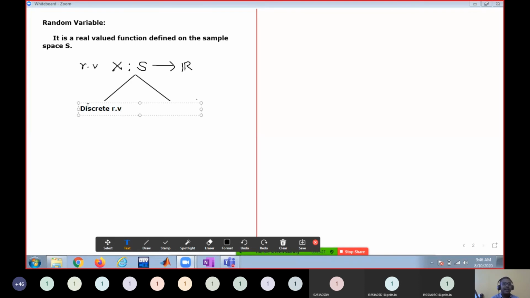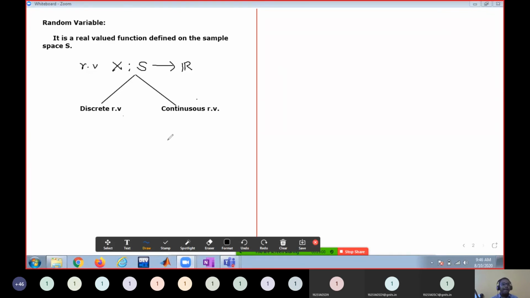The other one is called continuous random variable. So what do you mean by discrete random variable? A discrete random variable is a random variable which takes finitely many or countably infinitely many values.